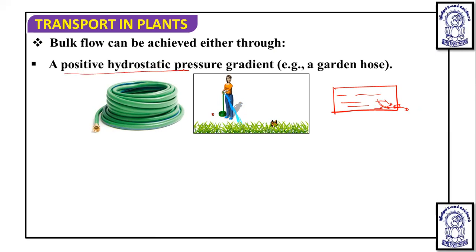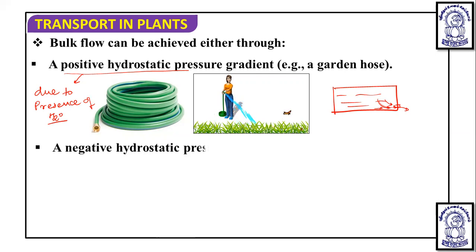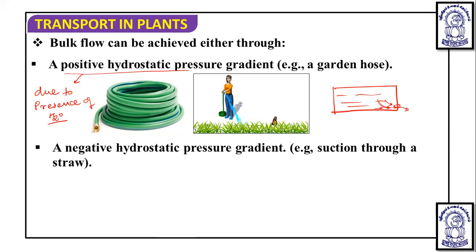So positive hydrostatic pressure is due to the presence of water. The high water has a high hydrostatic pressure, whereas the negative hydrostatic pressure gradient will be when the water is absent.